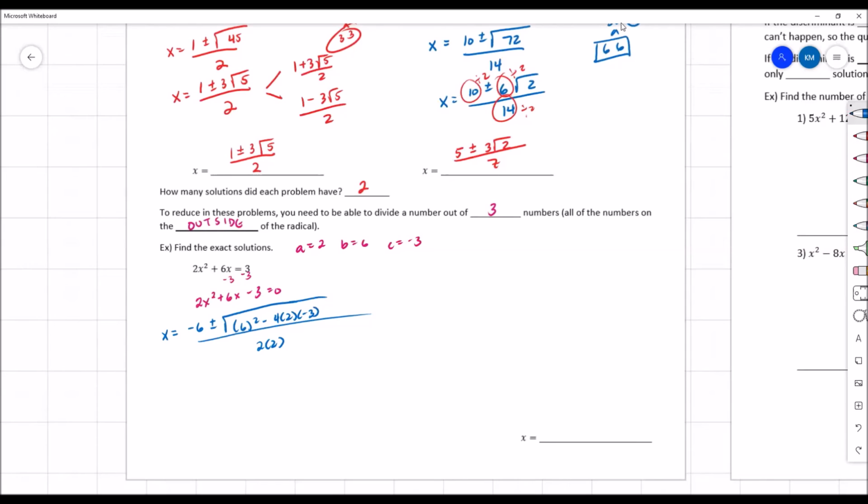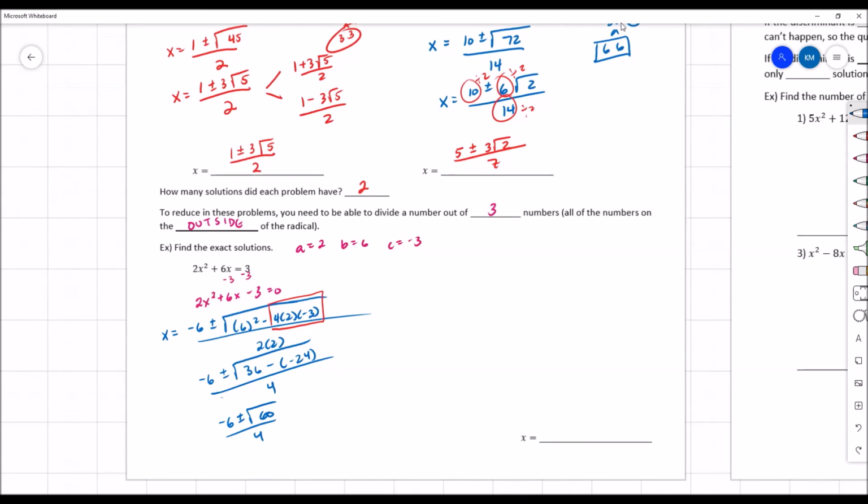Okay, as I got that done, make sure I group that together. I've got negative 6 plus or minus the square root of 36 minus 24 over 4. Minus and negative, that means I'm adding. So I have negative 6 plus or minus the square root of 60 over 4.